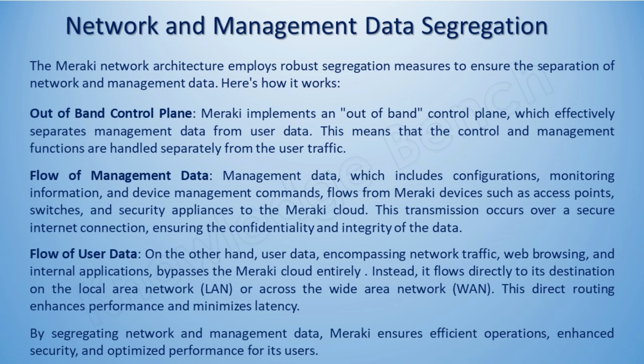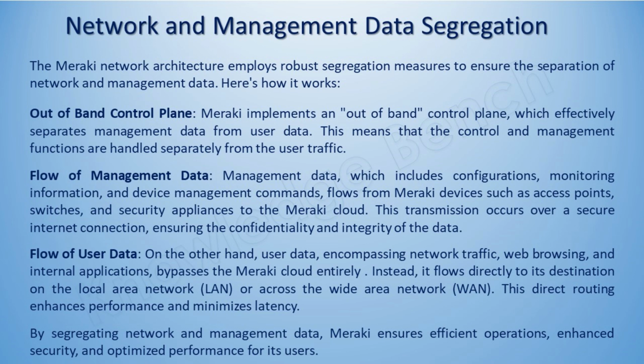Network and management data segregation. The Meraki network architecture employs robust segregation measures to ensure the separation of network and management data. Here's how it works. Out-of-band control plane. Meraki implements an out-of-band control plane which effectively separates management data from user data. This means that the control and management functions are handled separately from the user traffic.